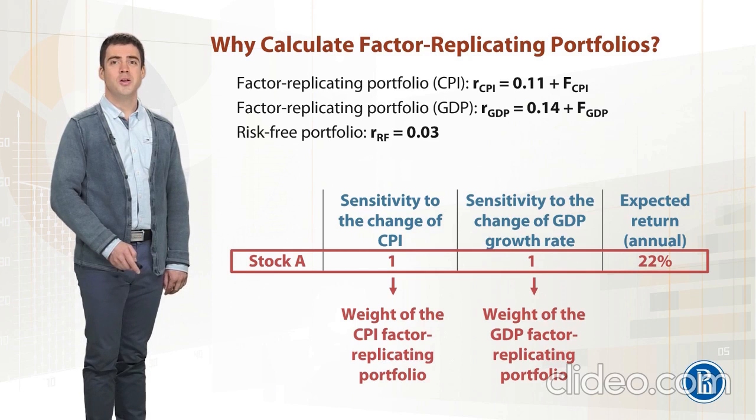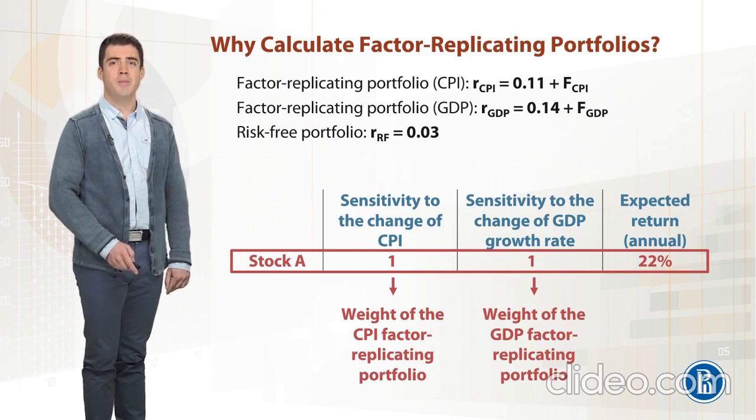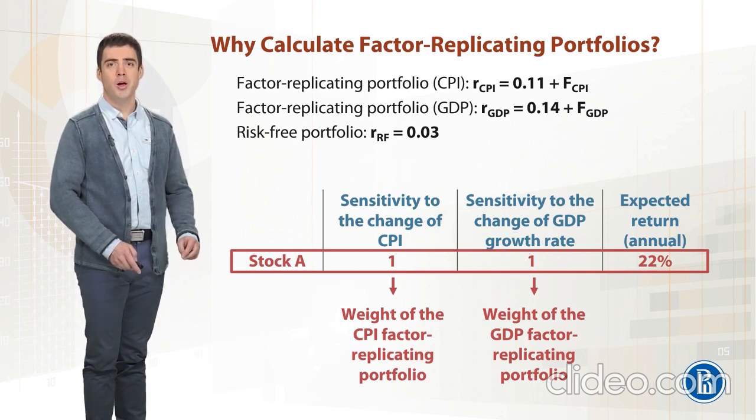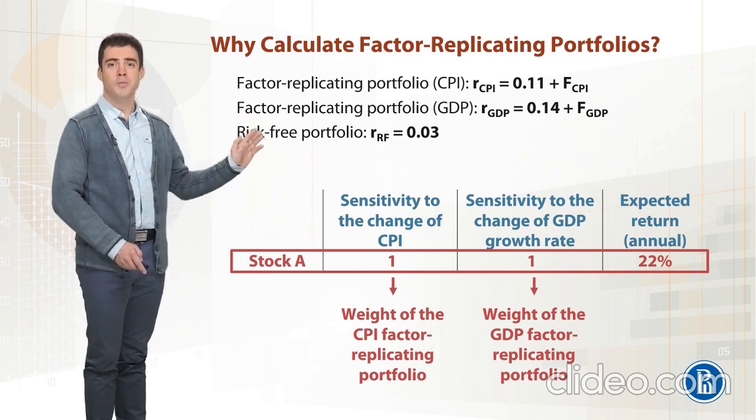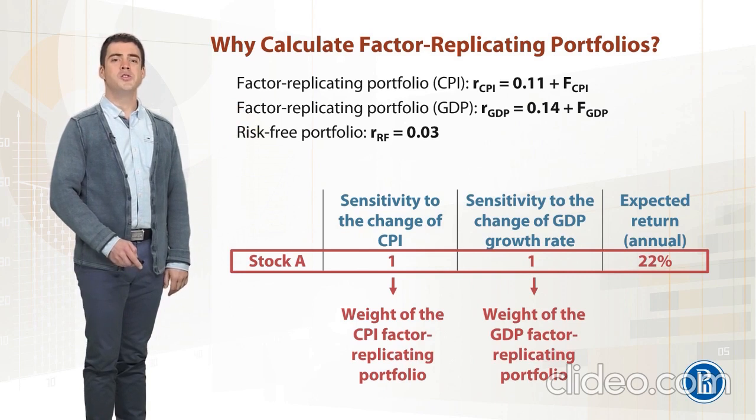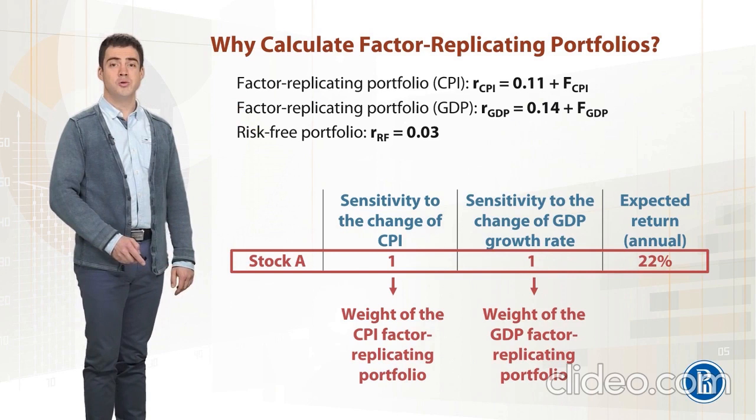In other words, this is an important step towards the derivation of the arbitrage pricing theory, which I'm about to show you. Now let's assume that you have only three possible assets to invest in.